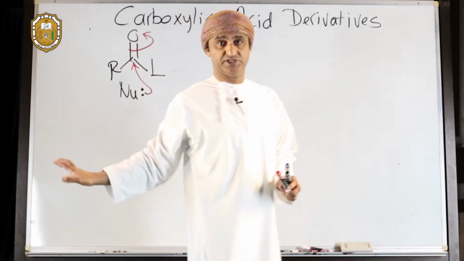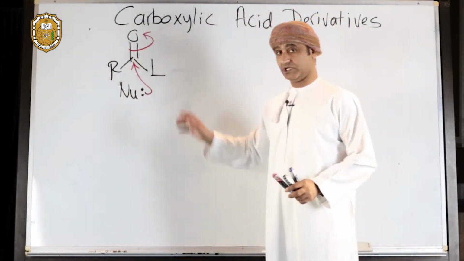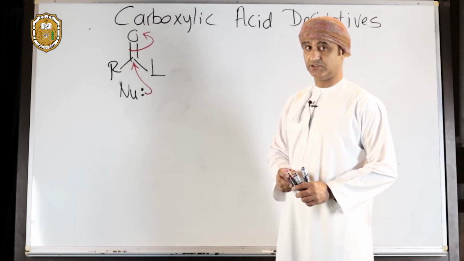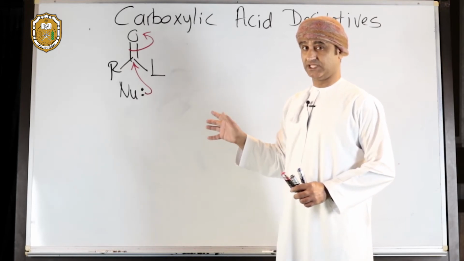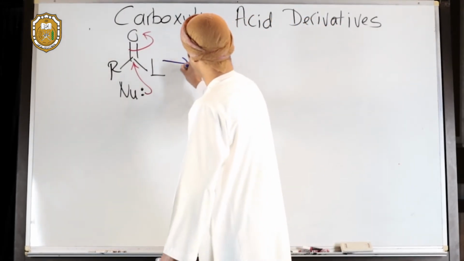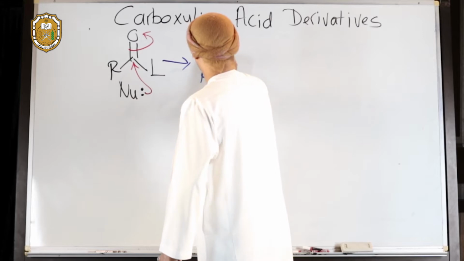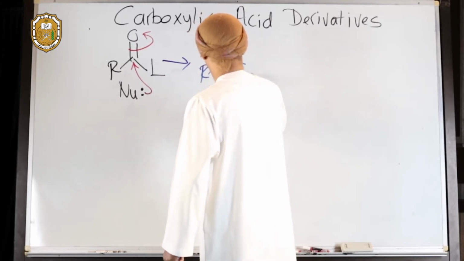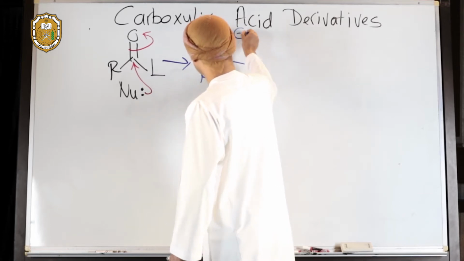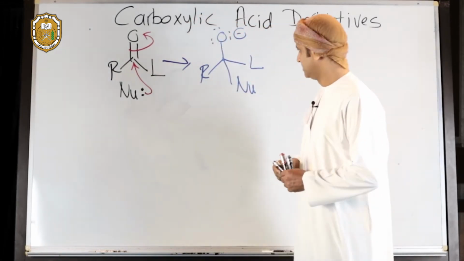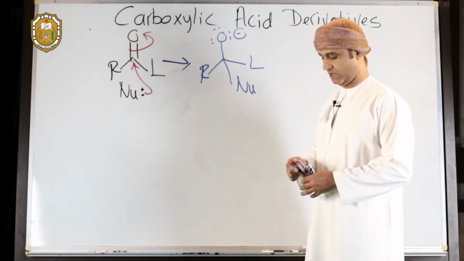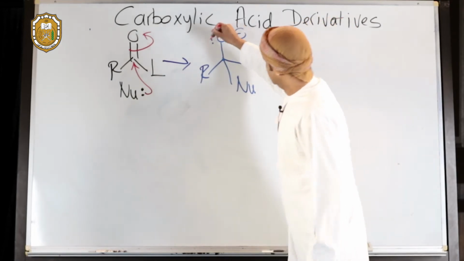This is a nucleophilic addition step, or an addition step, which is not really different at all from that of aldehydes and ketones, but the reaction takes obviously a different course. So the intermediate then would be this alkoxide intermediate, and this alkoxide intermediate undergoes reformation of the carbonyl group with departure of the leaving group.